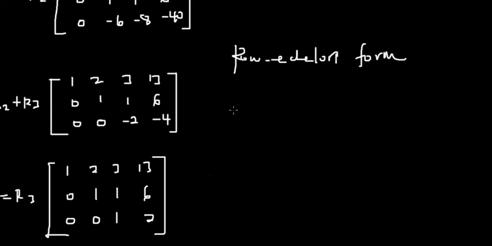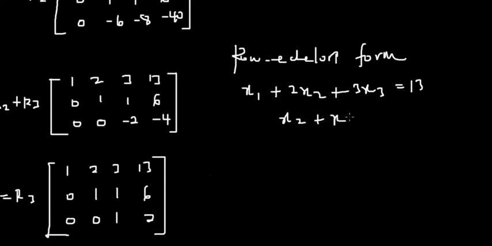So we have x1 plus 2x2 plus 3x3 equal to 13. And then you move on to the next portion. We don't have x1 over here, we have x2. So we have x2 plus x3 equal to 6. And then we don't have x2 or x1, so we have x3 equals 2.